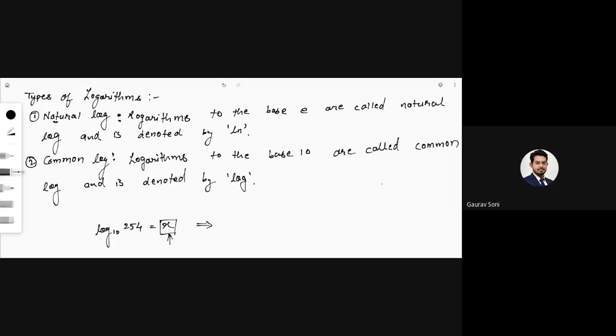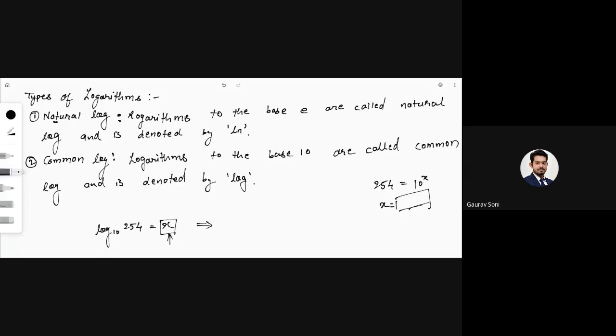Before guessing, just tell me, 254 will be equal to 10 raised to x. So x has to be equal to something, right?